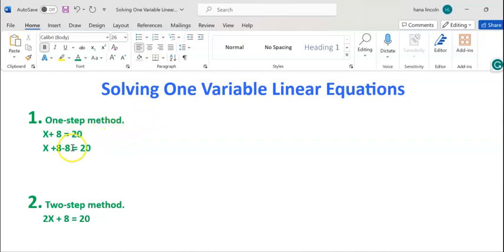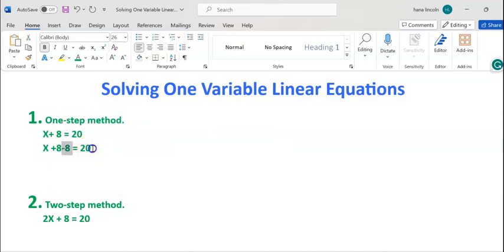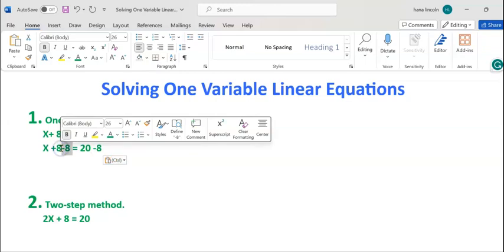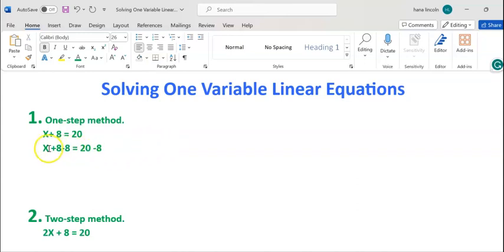Next, whatever you did on the left side of the equal sign, you copy and paste on the right side. I just copy the one I entered on the left onto the right side of the equal sign. Bring x down here again, x, now type in plus 8 minus 8, which is 0.